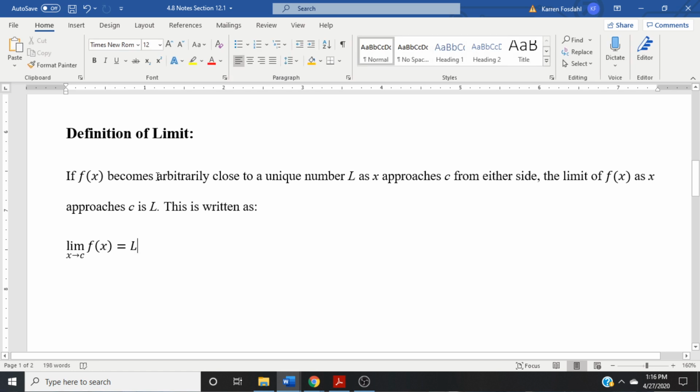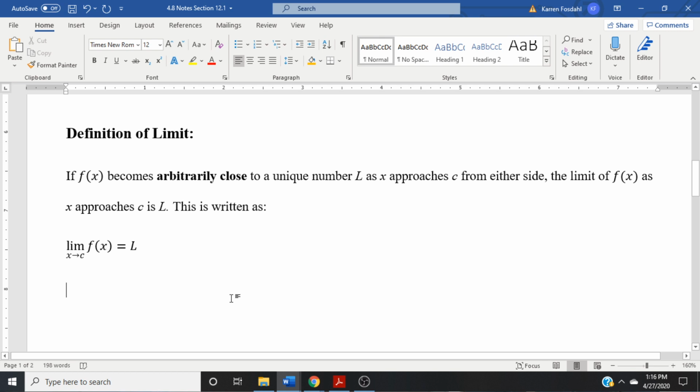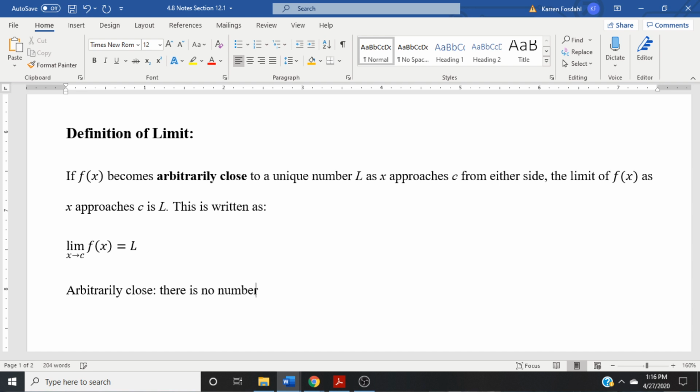So, a few key definitions. Arbitrarily close. For all of us, think close means that there is no number between f of x and L. Arbitrarily close means you can't stick any number between.